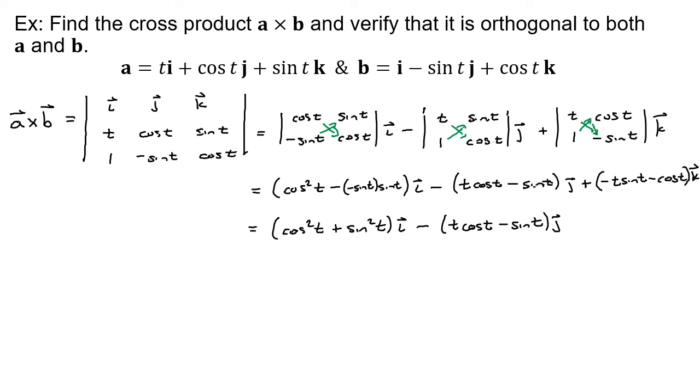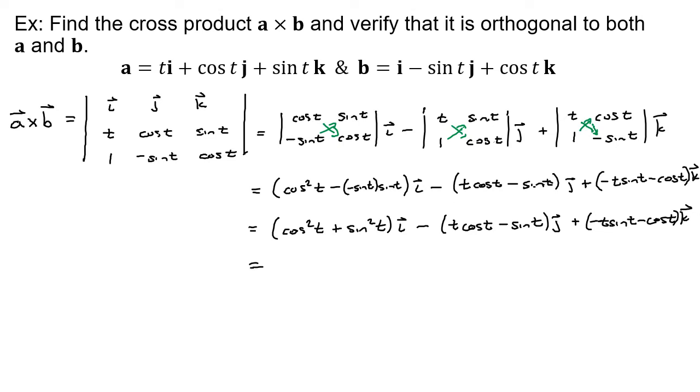And then if you want to factor the negative off, you can. You could make it a minus, or you leave the minus in there. It doesn't really matter. Negative sine t minus cosine t. But the important one is the first one, cosine squared plus sine squared is just 1.